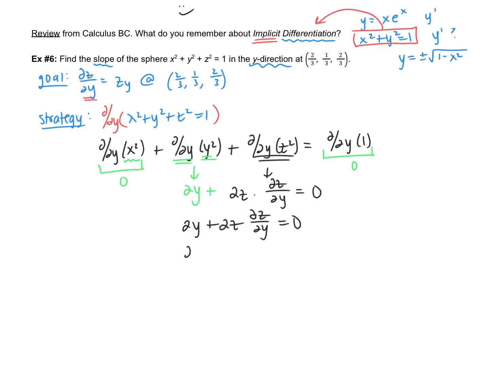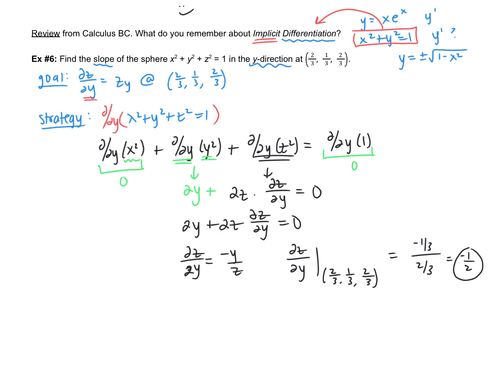So what that tells us then is the partial of z with respect to y is equal to negative y over z. So if we evaluate at the point 2/3, 1/3, 2/3, we get negative 1/3 over 2/3, which gives us negative 1/2.